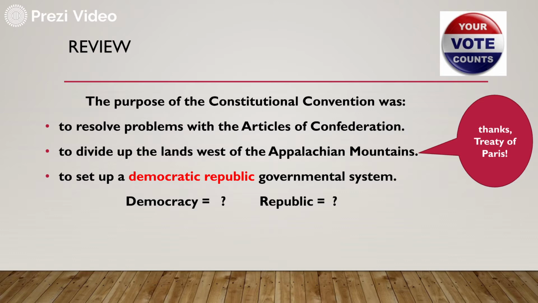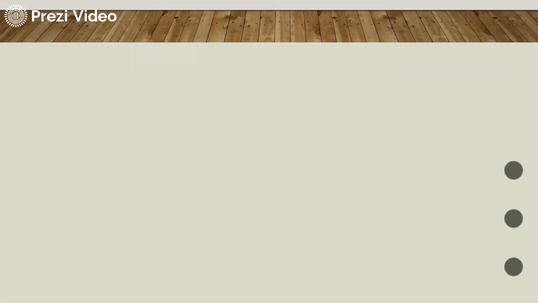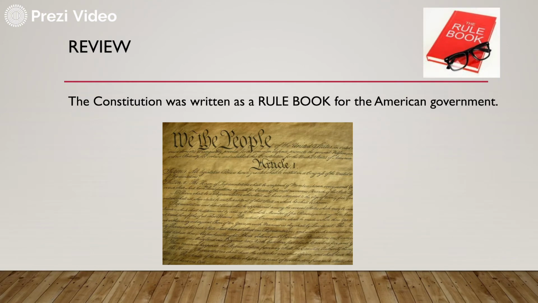So it's different than a kingdom or a queendom where there's a king or a queen who would rule. That's called a monarchy. A democratic republic is a government where the citizens vote for their representatives, and the representatives are the ones who actually make the laws and enforce the laws for us. So that's just the not so quick review of that.